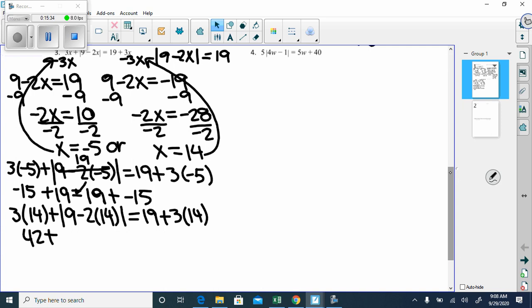What is 9 minus 28? Negative 19. So inside of here, I have negative 19, but it's inside the absolute values, right? So how far is that from 0? 19. So I get to pull out just a 19. Equals, over here I have 19 plus, again, 3 times 14, which you guys said was 42. So is this a true statement? Yes. So both of these are solutions.